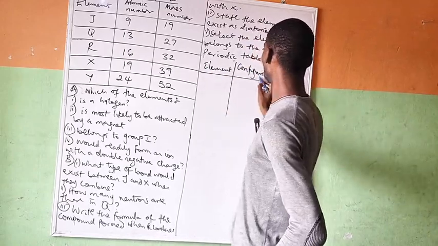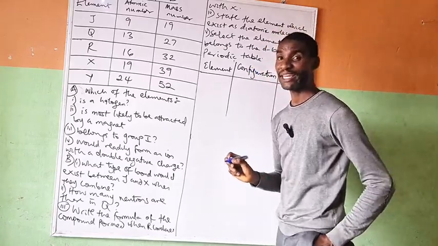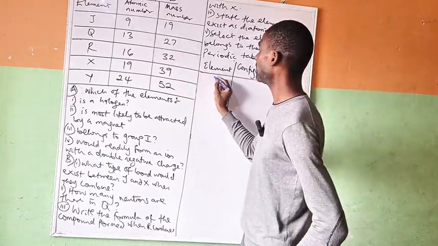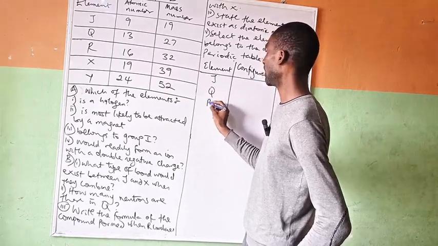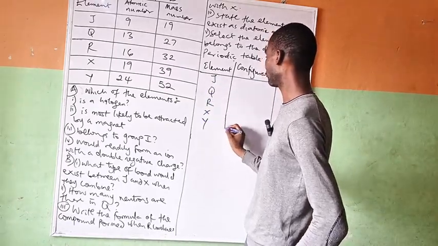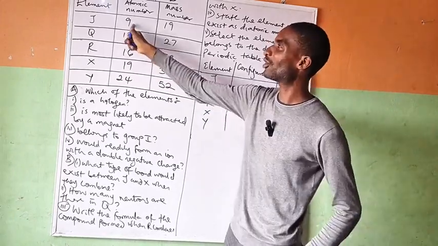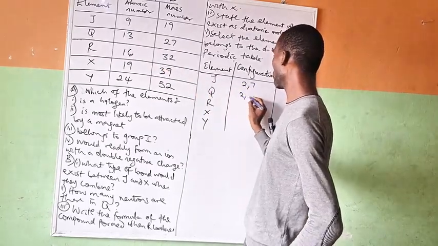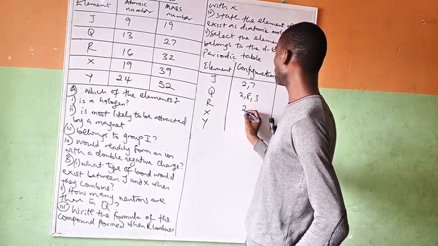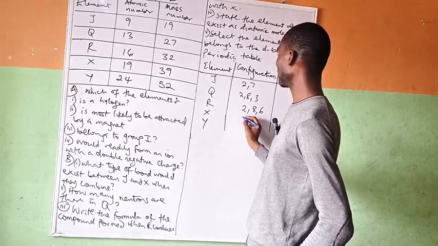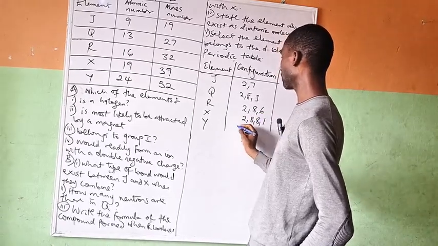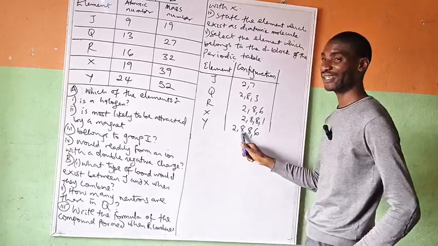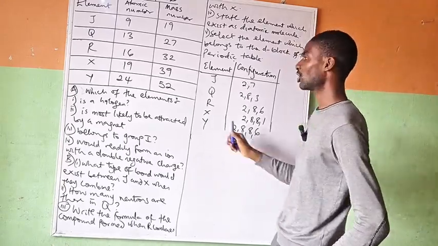So for this configuration, I will be dealing with the K, L, M shell configuration. All right. So these elements J, Q, R, X, and Y. The configuration for J, because it has atomic number 9, is going to be 2, 7. 13 will be 2, 8, 3. 16 will be 2, 8, 6. 19 will be 2, 8, 8, 1. 24 will be 2, 8, 8, 6. 2 plus 8, 10, plus 8, 18, plus 6, 24.